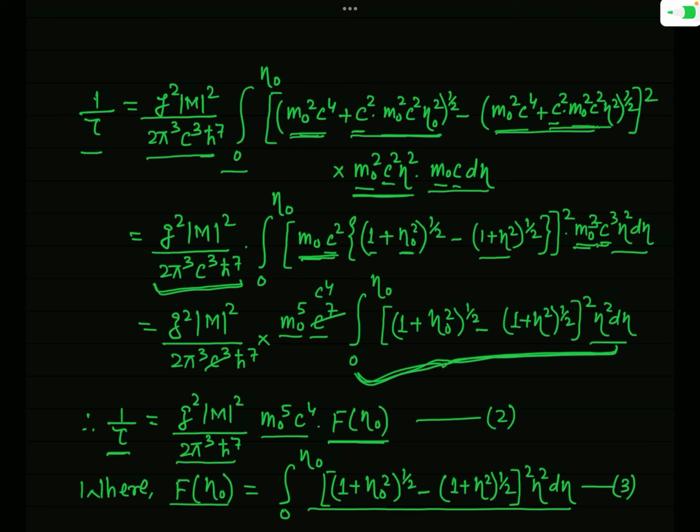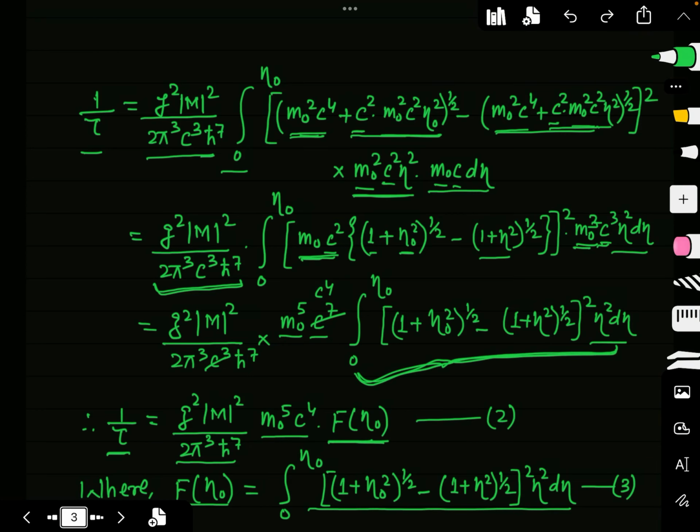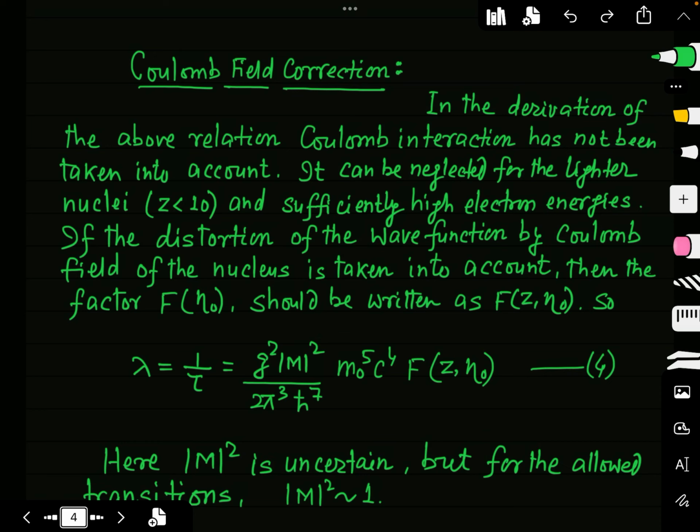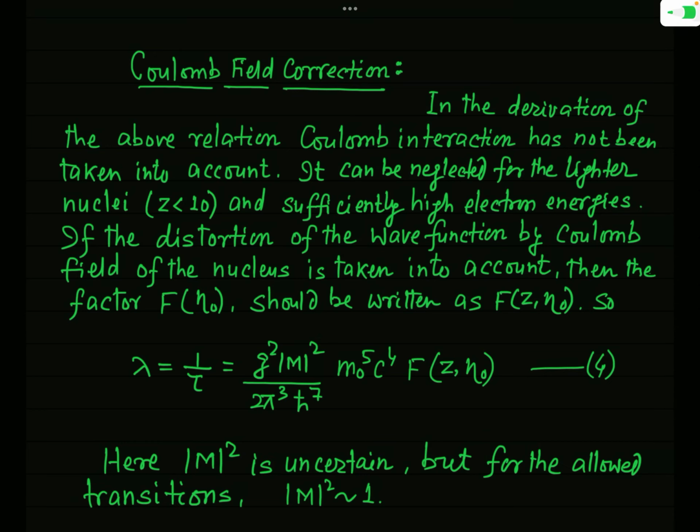But for getting this result, we never thought about that Coulombian interaction. So definitely this result will not be very concrete, because in its calculation we have neglected the Coulombian interaction. So we should take the Coulombian interaction into account to get the correct result.